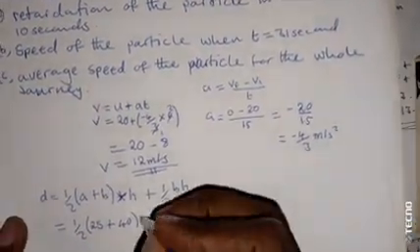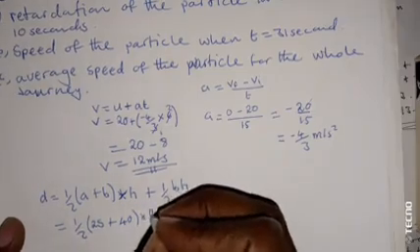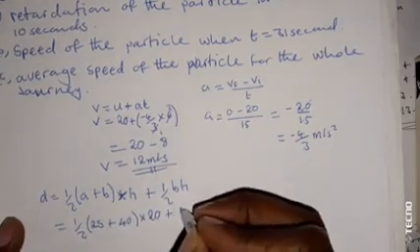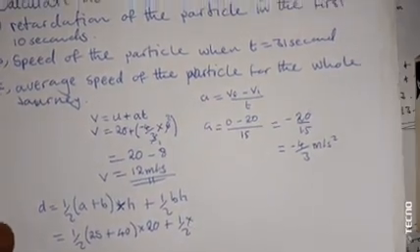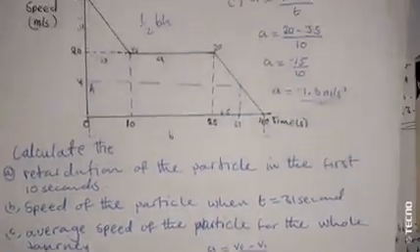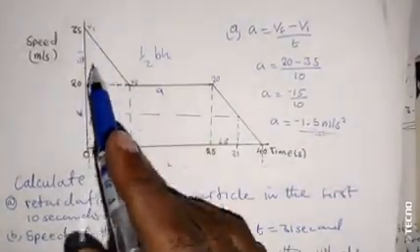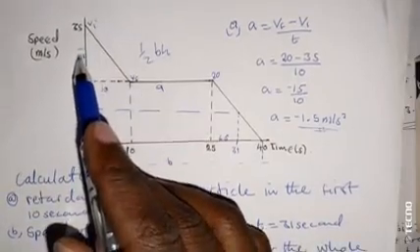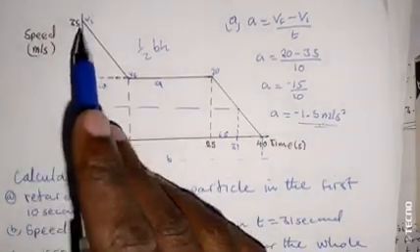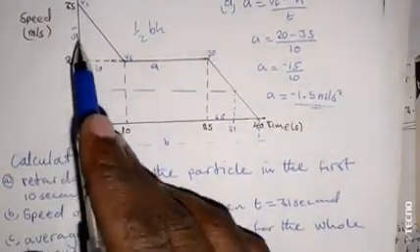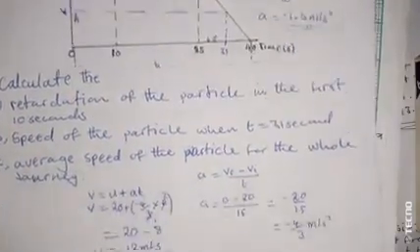I'll say times 20, then plus half times my B here, which is this small part. Here it's 15. When you do 35 take away 20, you are going to have a 15. So there is a 15.